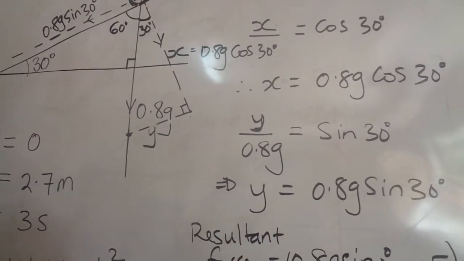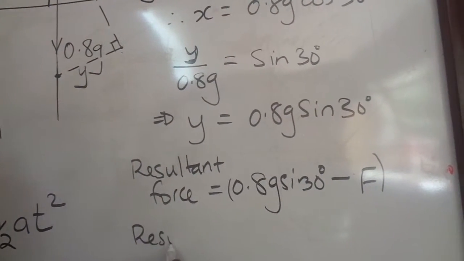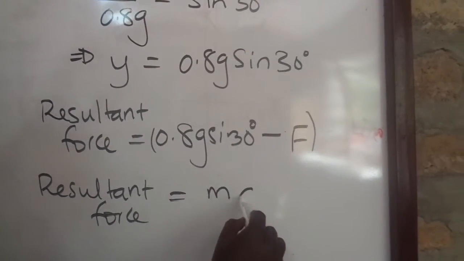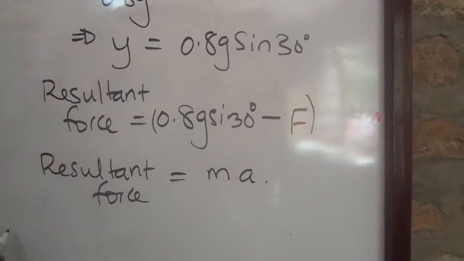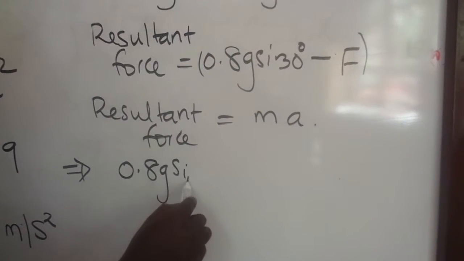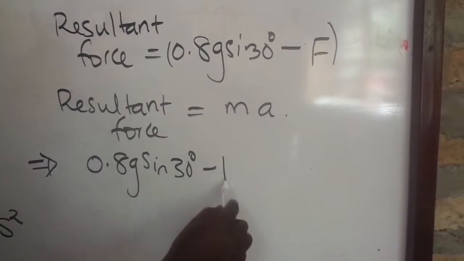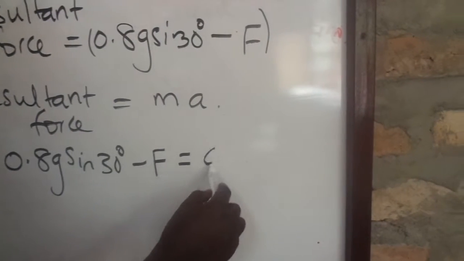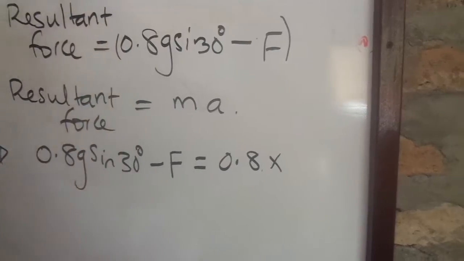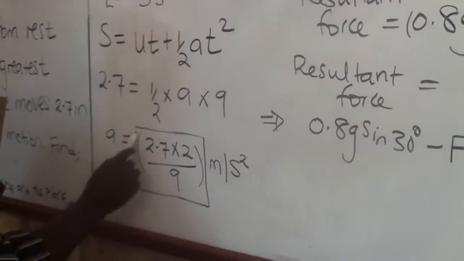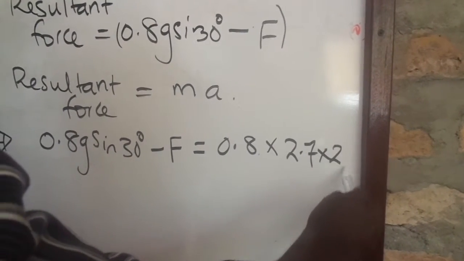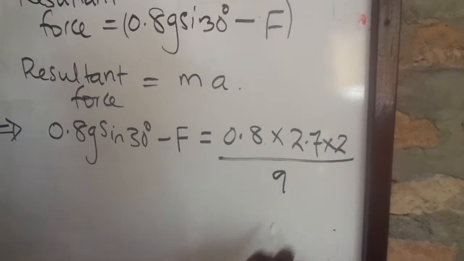Now we know that the resultant force is equal to the mass times the acceleration. That means my resultant force, 0.8g sin 30° minus F, should equal the mass 0.8 kilograms multiplied by the acceleration, which is the acceleration we got earlier, 2.7 times 2 divided by 9.